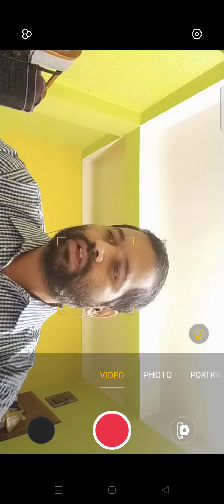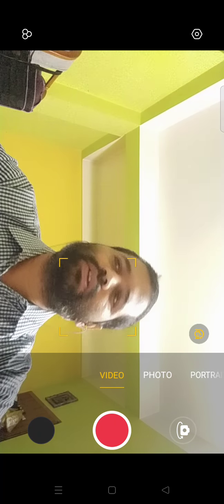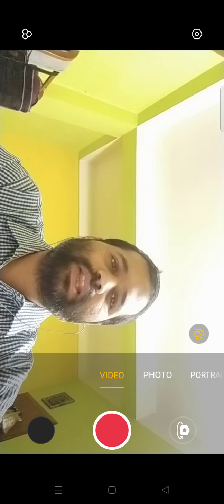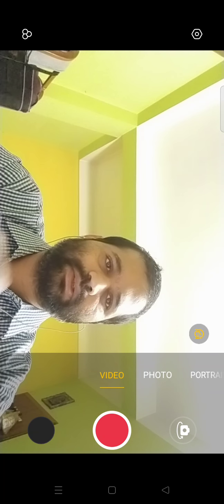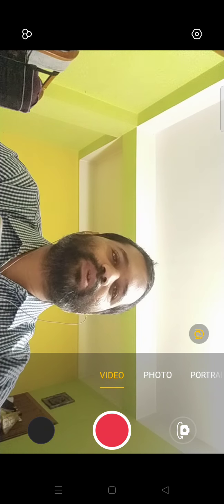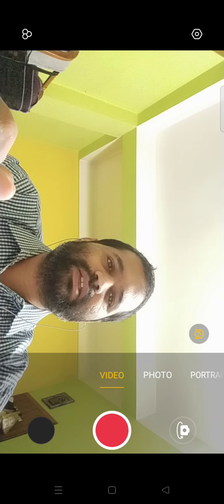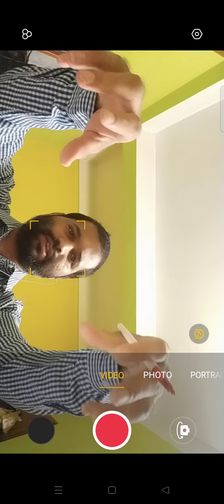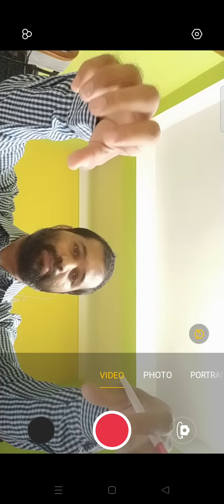Have you ever heard about equidistant? Equidistant means equal distance. Like suppose I keep these two hands here. I'll say that these two hands are equidistant from me.